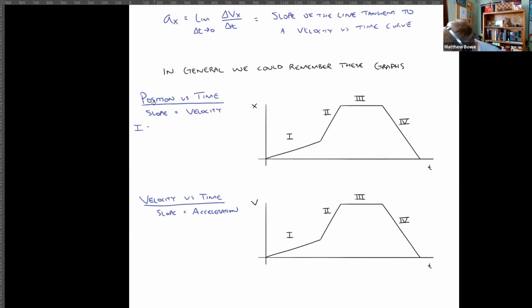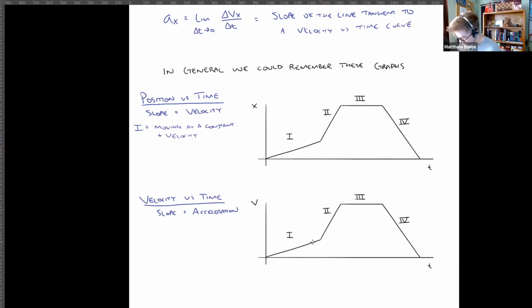So this shows that an object is moving at a constant positive velocity.